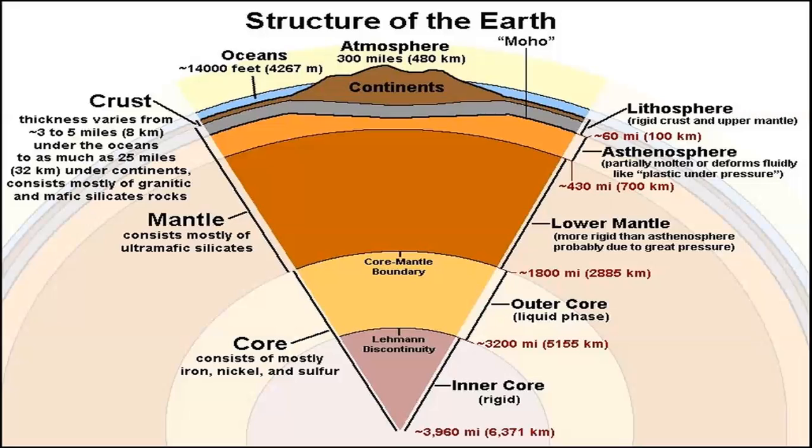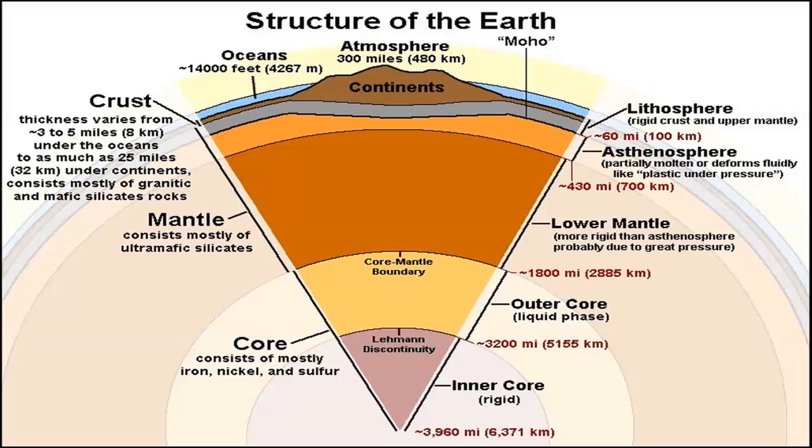If you were to mold clay in your hand, you can move it around, right? And the lithosphere actually floats on top of the asthenosphere. And these two spheres, part of the lithosphere and all of the asthenosphere, are part of the upper mantle.